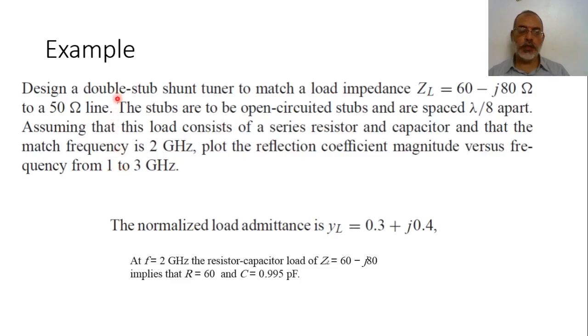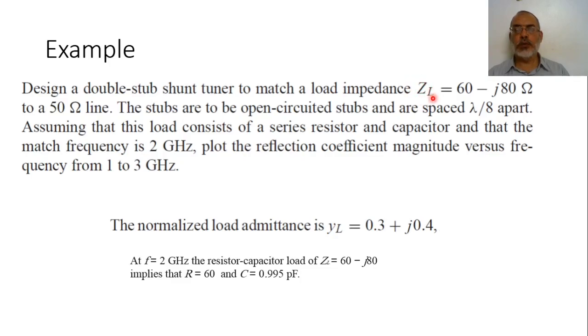So after designing the double tuning circuit, we are going to calculate the reflection at different frequencies from 1 to 3 gigahertz, where the design of the tuning circuit itself is centered at frequency 2 gigahertz. In this case, we are going to normalize the load impedance.